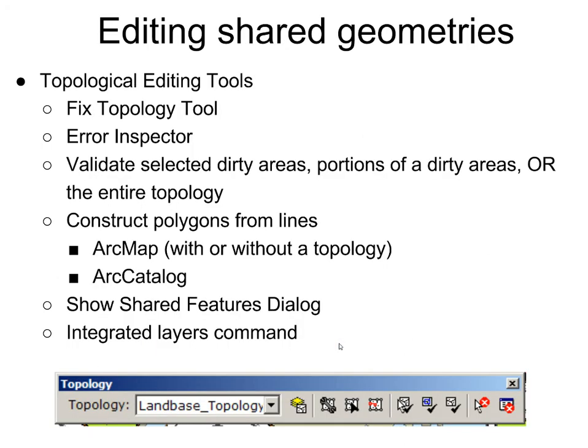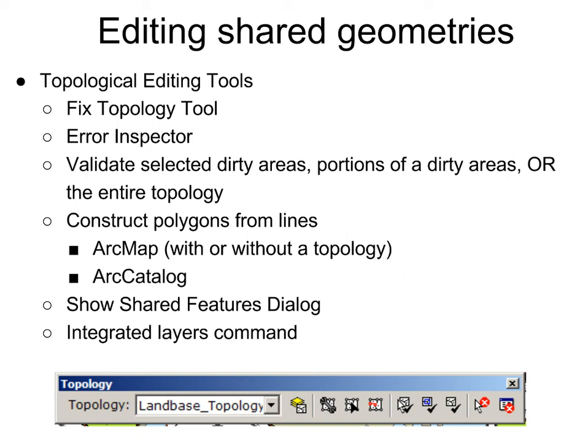So to fix topological errors, the different topological editing tools you can work with are the fix topology tool, the error inspector, and validate selected dirty areas, portions of dirty areas, or the entire topology. You can also, with the topology tools, construct polygons from lines.